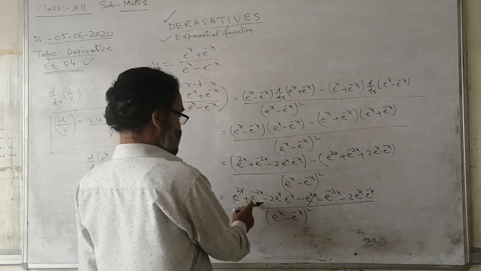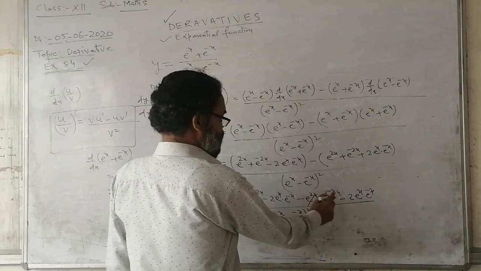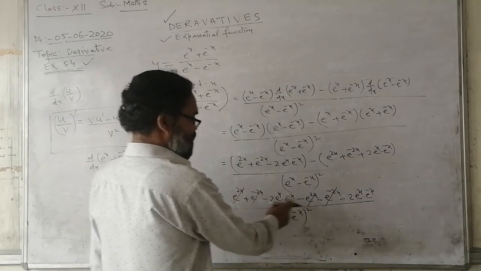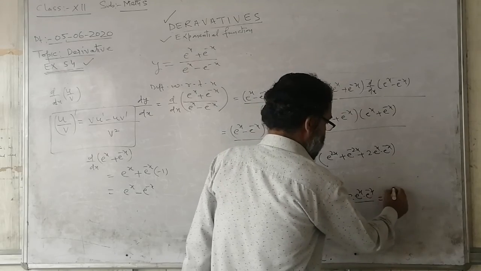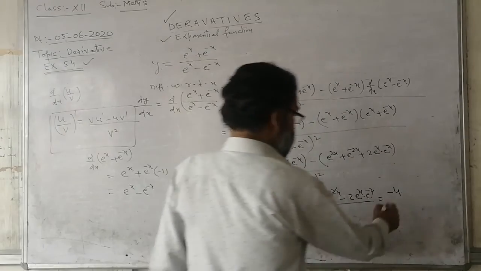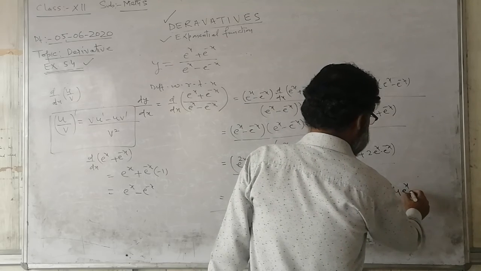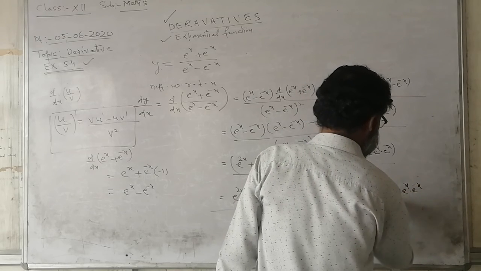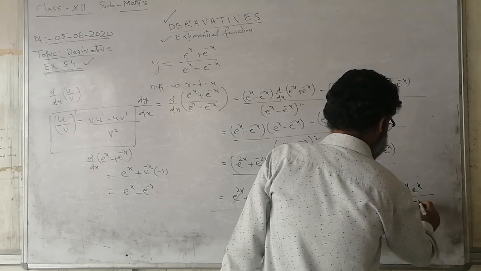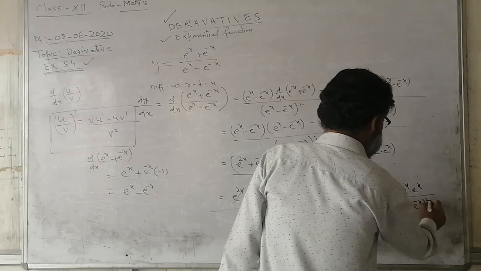Positive e^-2x and negative e^-2x, they will cancel. So this is minus times 4 e^x e^-x upon (e^x + e^-x) whole square.